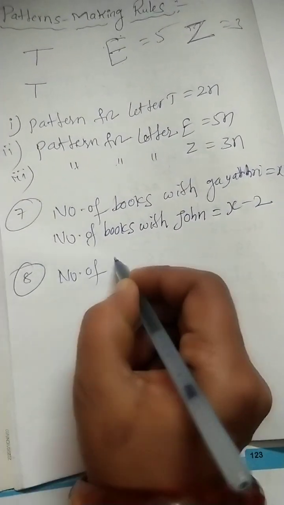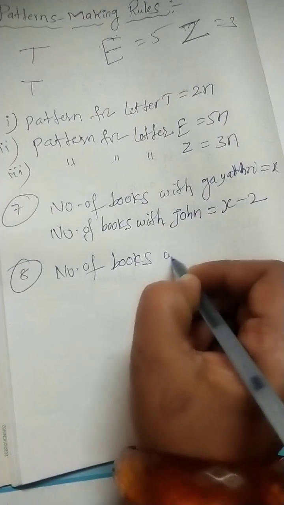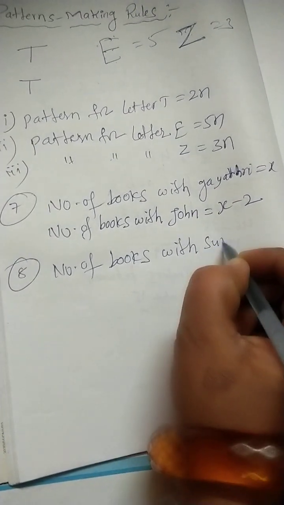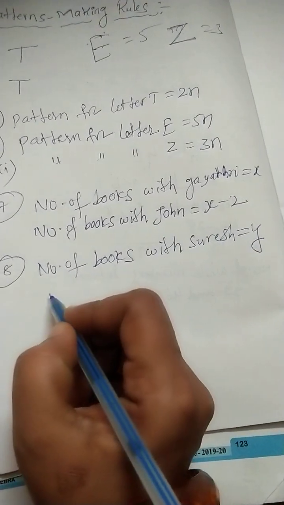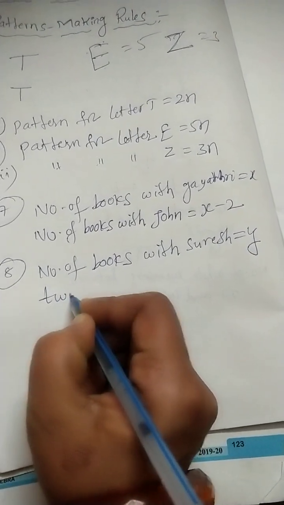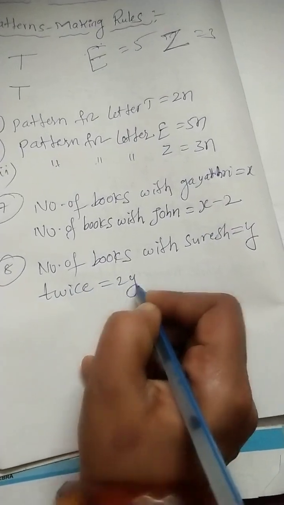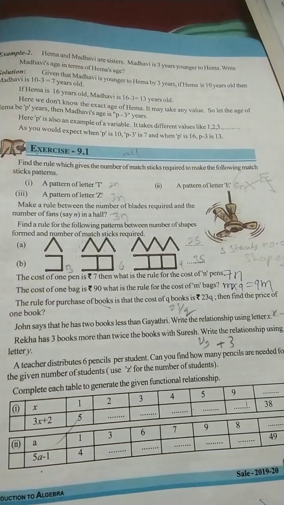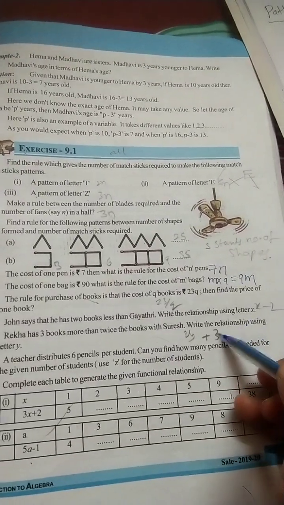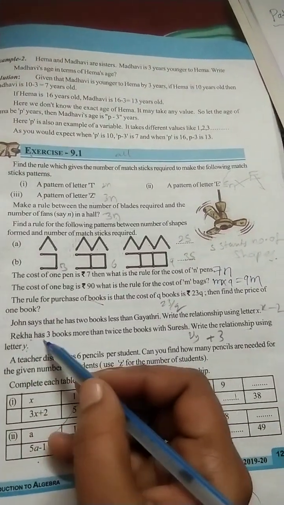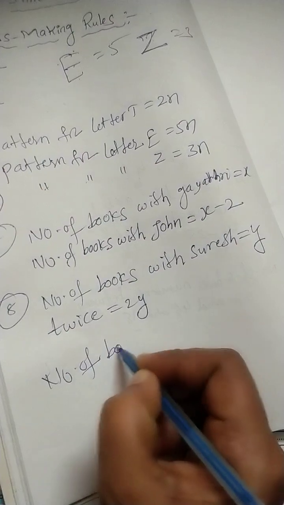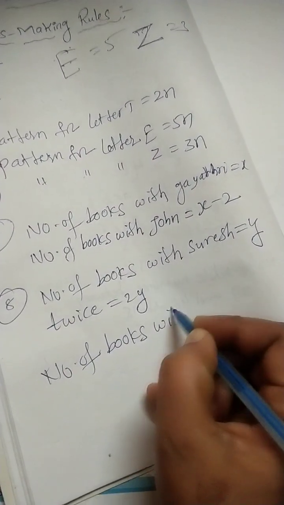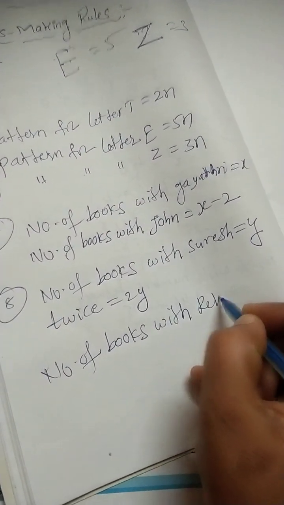Twice, they said, so twice will give 2y. Okay. Next, what does it say? Write the relationship using letter y. Rekha has 3 books more than that. Okay, the number of books with Rekha.